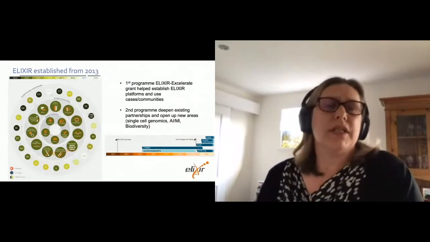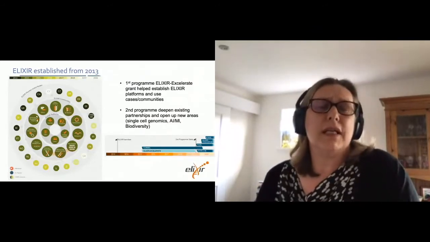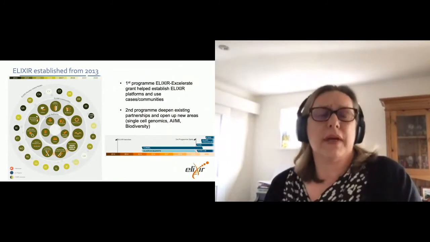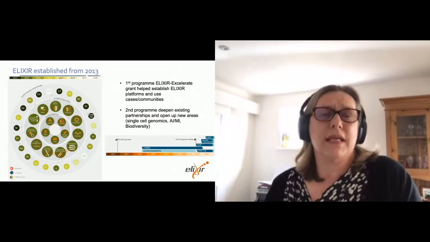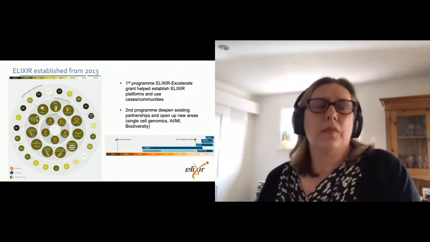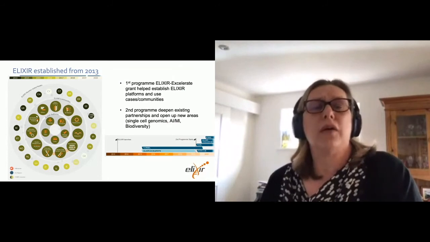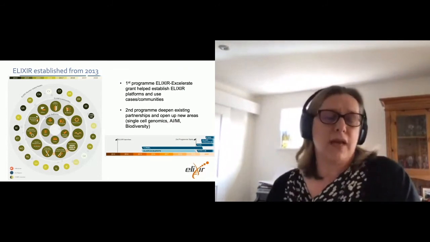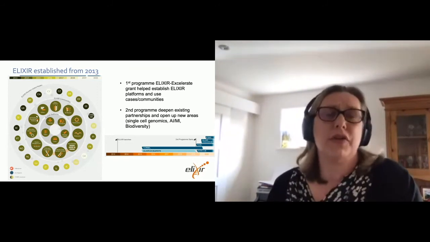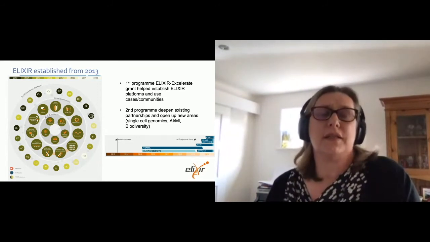Elixir was established in 2013, and its first program, a 4-year program, was funded by the Elixir Accelerate grant from the EC. The aim there was to establish platforms and use cases which have now turned into communities. We initially had 4 use cases, which have now turned into 13 communities being established in Elixir.